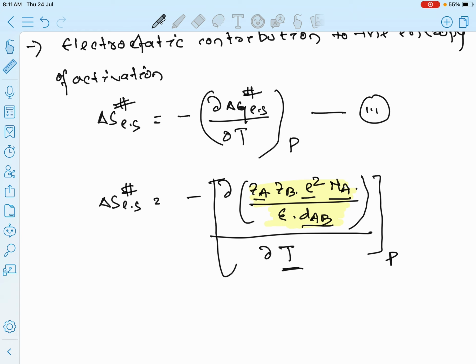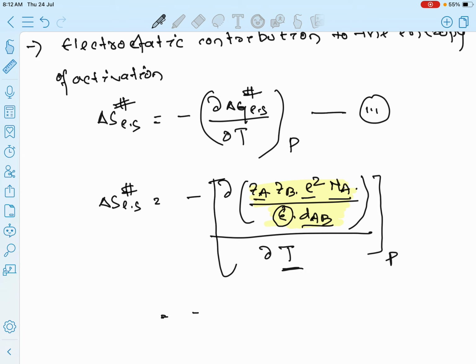Therefore, in this expression only the value of dielectric constant will vary with respect to temperature. Therefore, during the differentiation with respect to temperature, this will be the only varying parameter.